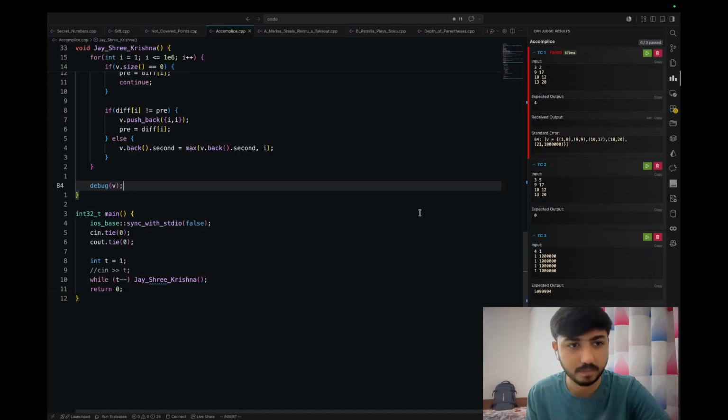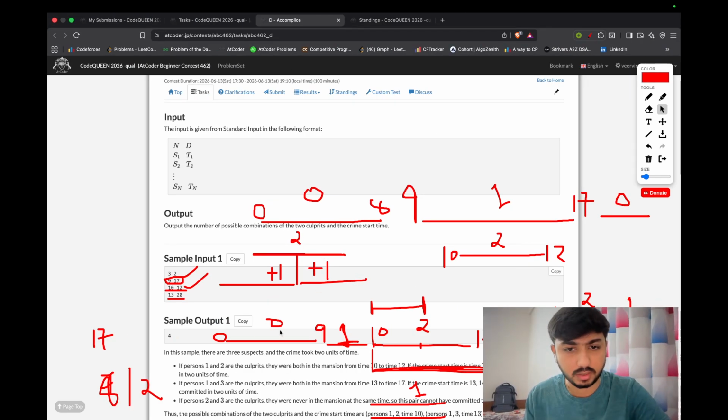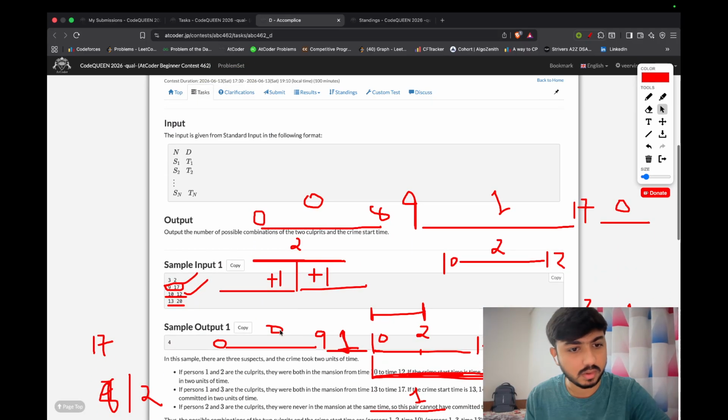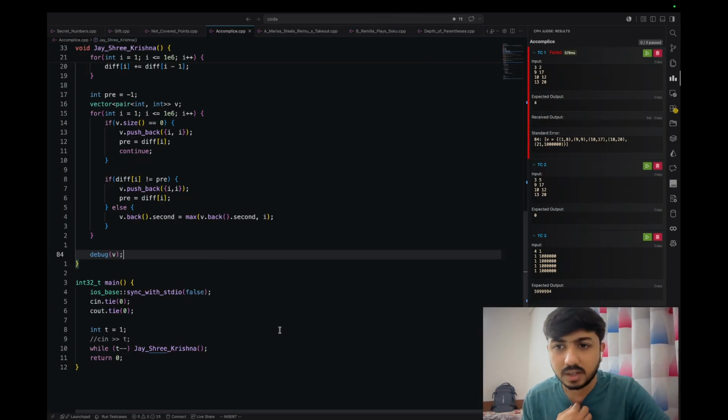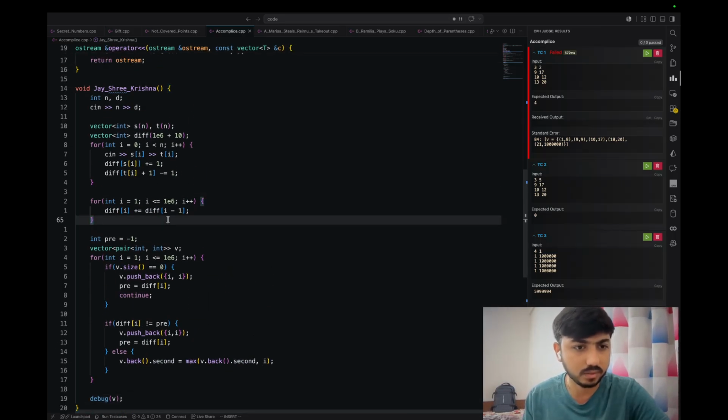Wait a minute. 1 to 8 is 0. Why is it bifurcated like this? 1 to 8. Wait a minute. I think I have to print the difference also.